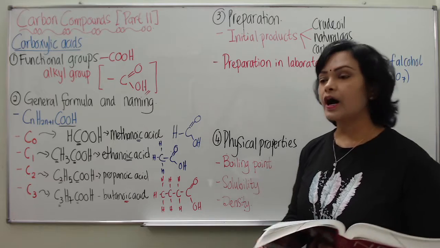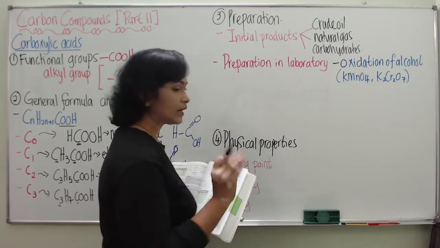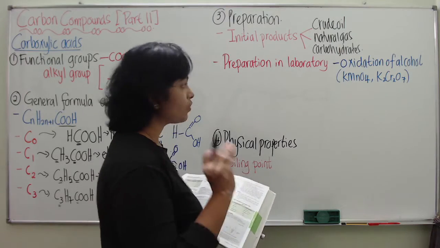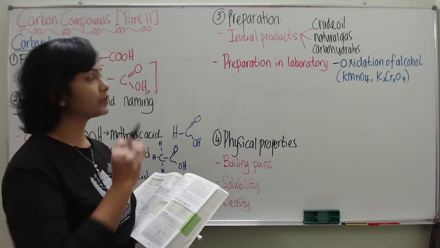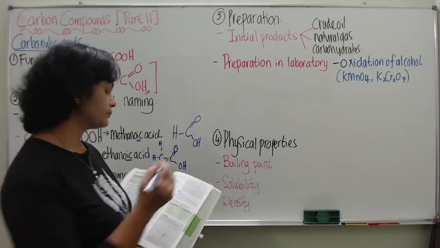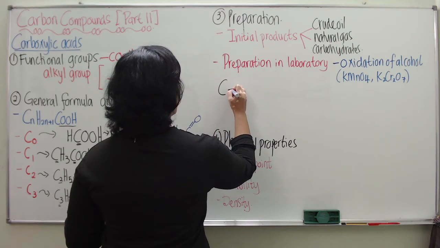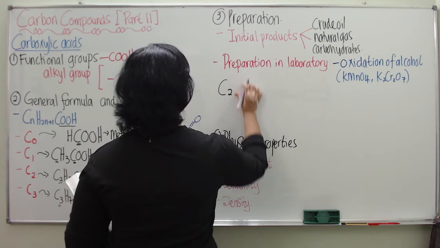Now, if you want to write the structural formula, no, let me start with the molecular formula. The molecular formula of the preparation of carboxylic acid, namely ethanoic acid, in the laboratory. This is how we write.